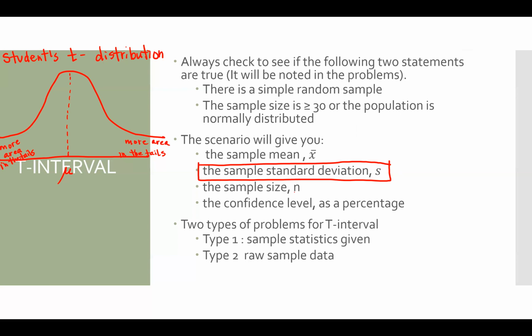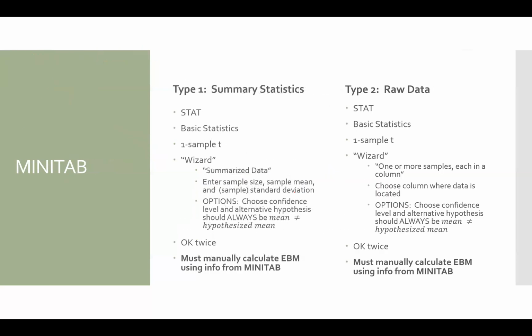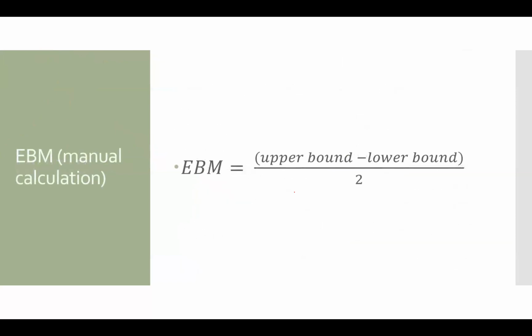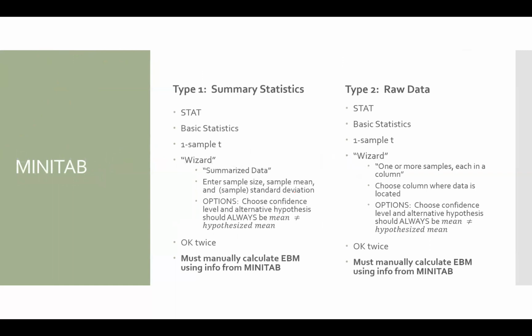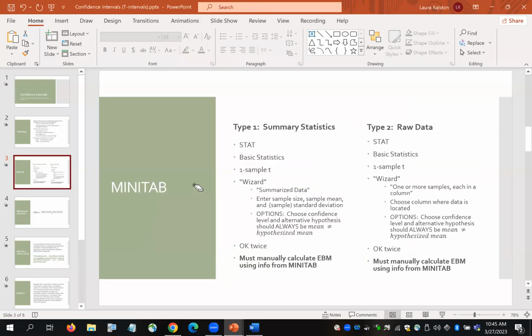The keystrokes for Minitab are on the next slide that I went past. And let me tell you what slide number it is. It is slide number 3. Okay, so the Minitab instructions for calculating the t-interval are on slide 3.